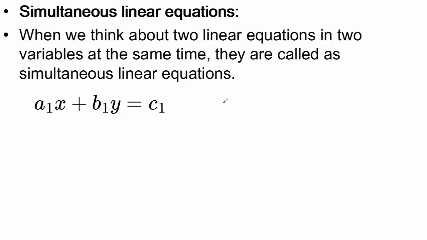For example, we consider a1x plus b1y equal to c1 and a2x plus b2y equal to c2. If we consider and solve these two equations at the same time, they are called simultaneous linear equations.